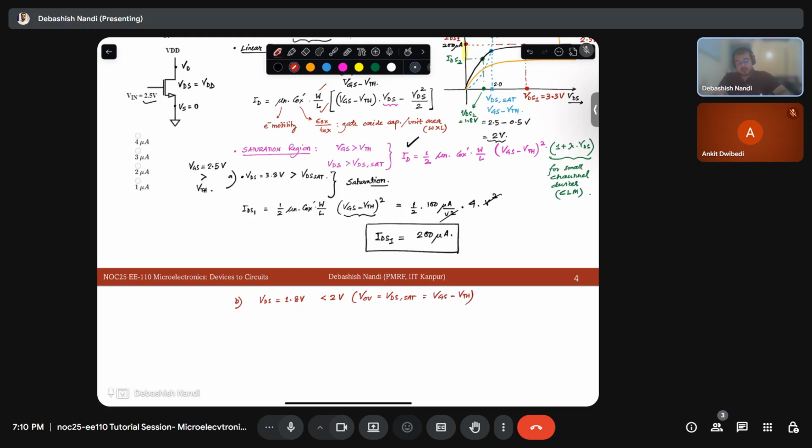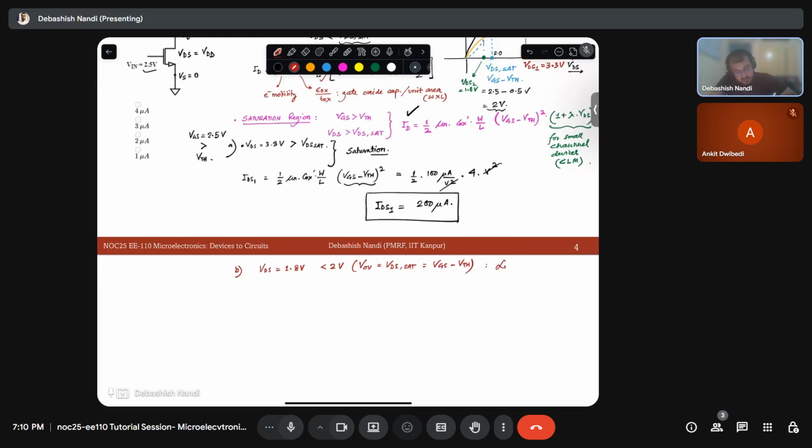So we are in the linear region. Now my IDS2, if I calculate, will be mu n Cox W over L times (VGS minus VTH) times VDS minus VDS square by 2.